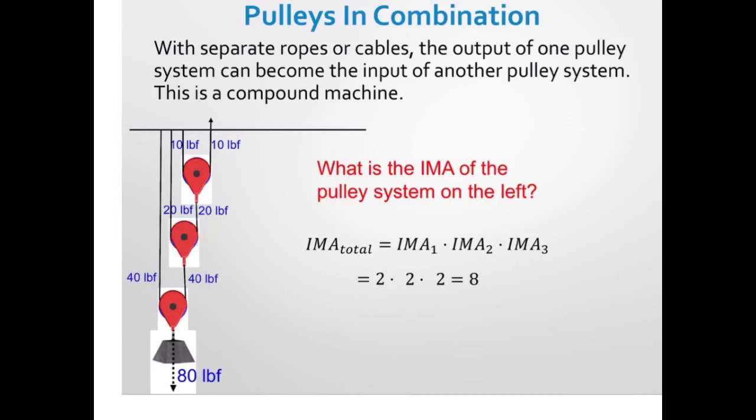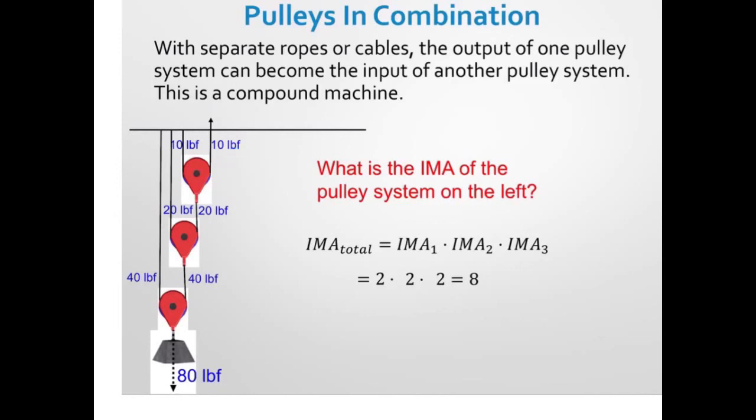Another pulley system, 1, 2, right here. And then a third one, again, 1, 2. So 2 times 2 times 2 equals 8. So the IMA for this particular pulley system is going to be 8. That's why the effort force up here is only 10 pounds.